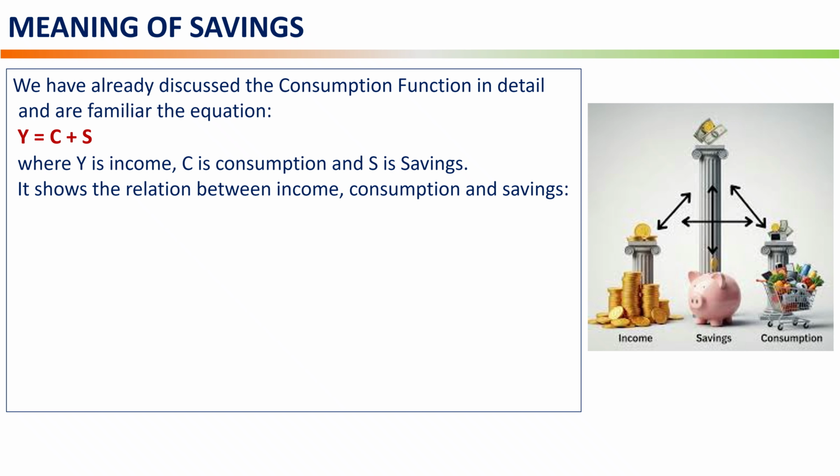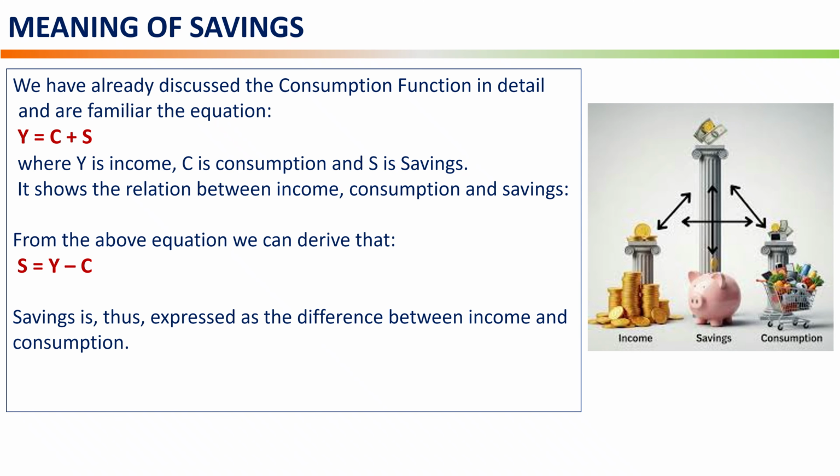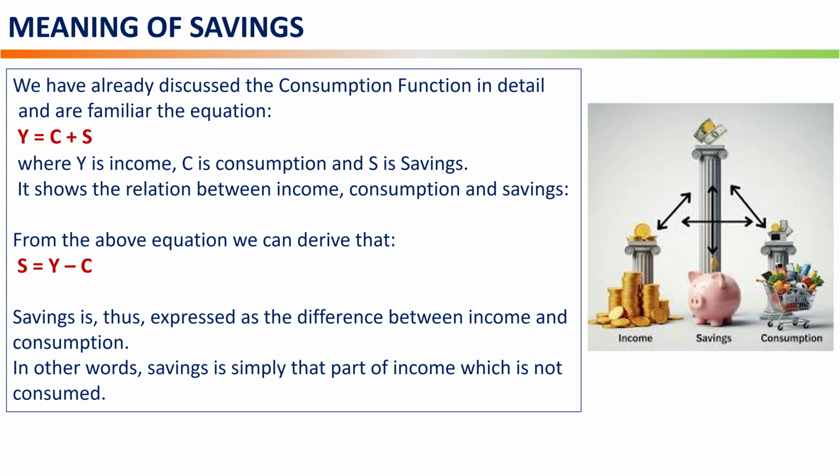This equation shows the relation between income, consumption, and savings. From the above equation, we derive that S is equal to Y minus C. So, savings is expressed as the difference between income and consumption. In other words, savings is simply that part of income which is not consumed.